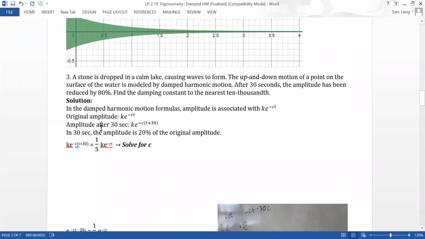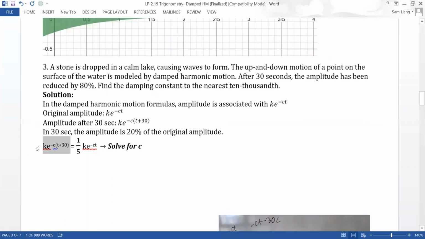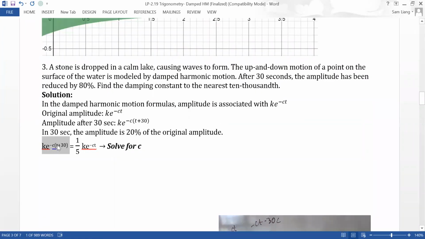With that, we can set up the equation. So this is the amplitude after 30 seconds. Let me zoom in here. K times e to the negative c times t plus 30. That's equal to 1/5 of the original amplitude, which is 0.2 of the original.